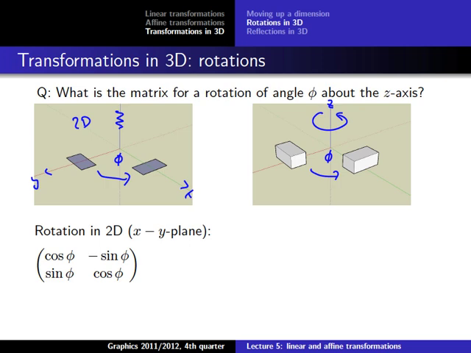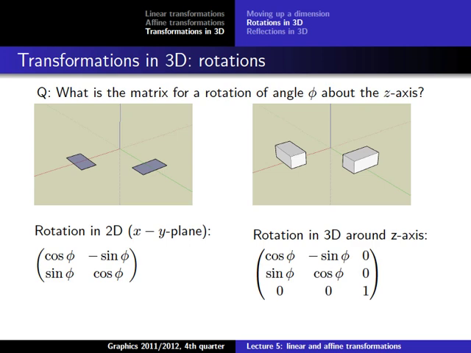So what we get here is for the x and y values, we get the very same matrix as here. And then we just have to fill it up for the z value with something that doesn't change the z value, that keeps it the same. And we already had that with the homogeneous coordinates because we introduced them in a way that they don't change anything if we don't want to translate. So we just put everything to 0 except for this value here, which is 1, which then just copies the z value.